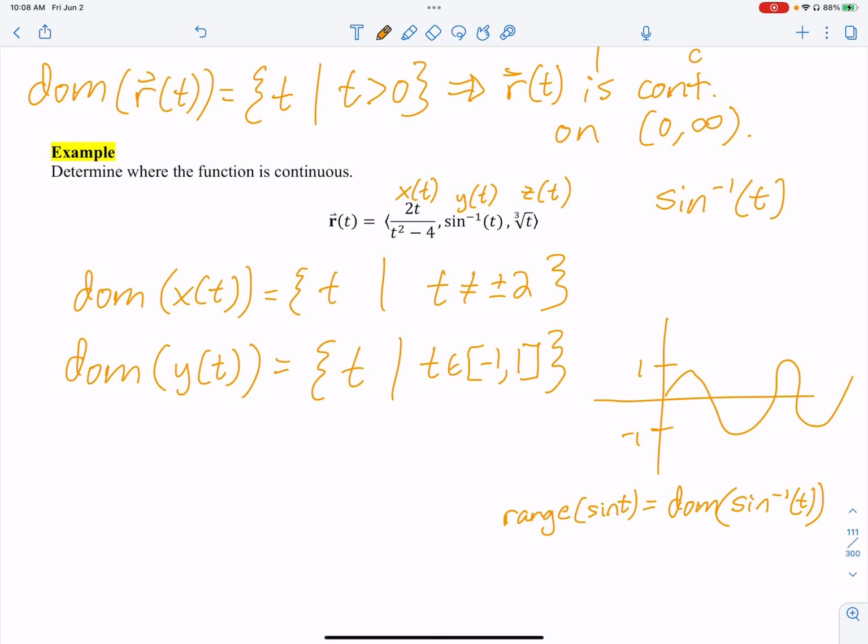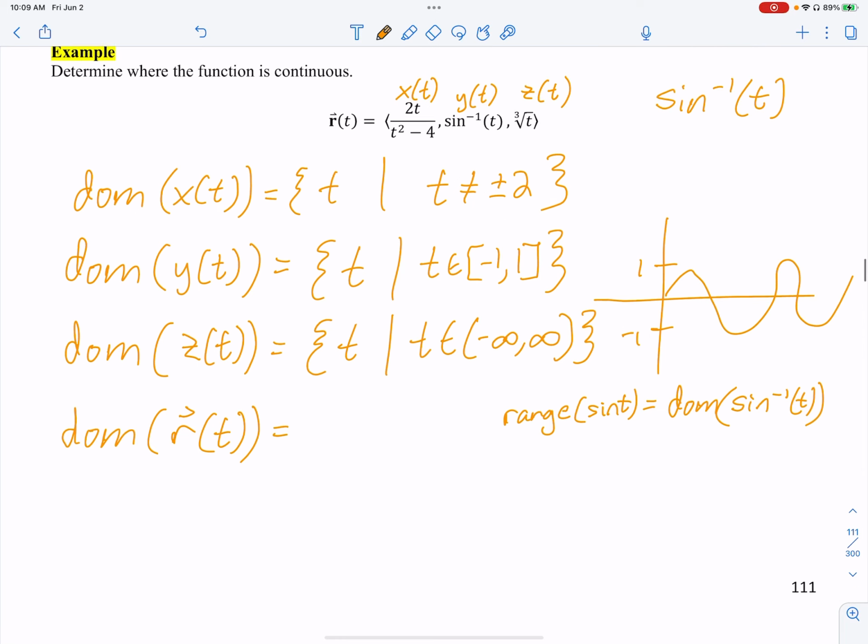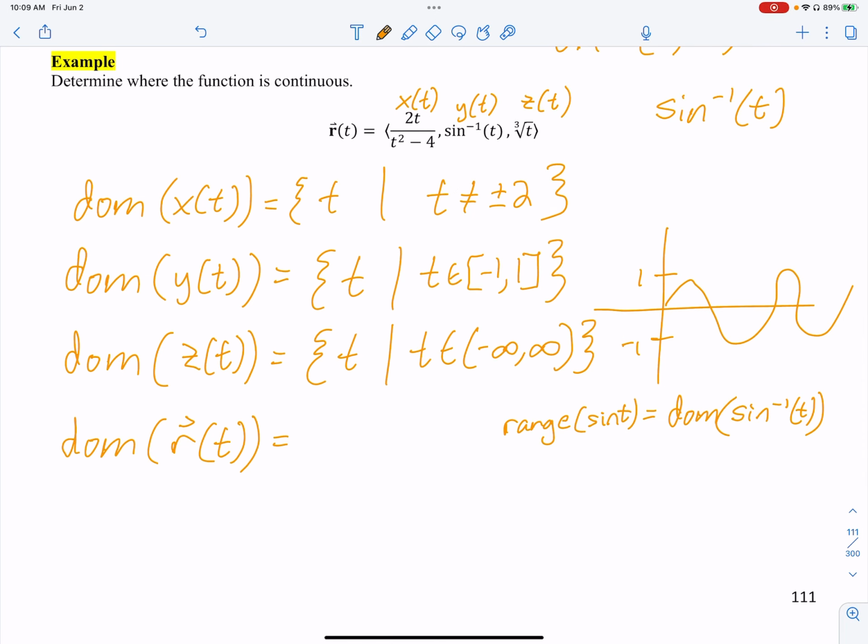And then we have one more, the domain of the cube root, which is z of t. That could be anything. So now to find the domain of my vector valued function, it's the overlap of all three. So the domain of r of t is the overlap. Okay, we got -1 to 1 is limited for this one.